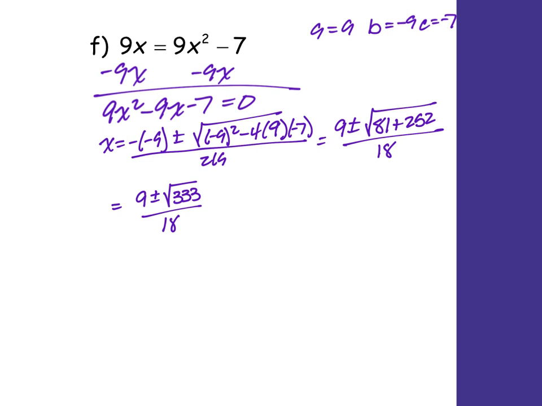And then 333, believe it or not, I sat and figured it out, is 9 times 37. 9 times 37 is 333. So that means this is going to be 9 plus or minus 3 root 37 divided by 18. And then 3 goes into all of those. So I've got 3 plus or minus root 37 divided by 6. Yeah, 6. Okay.